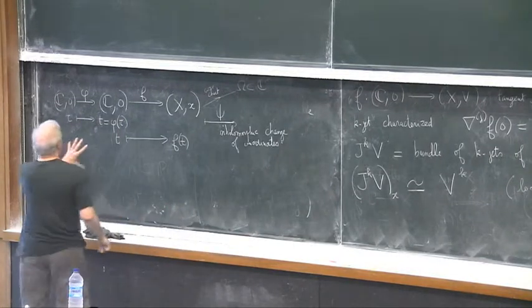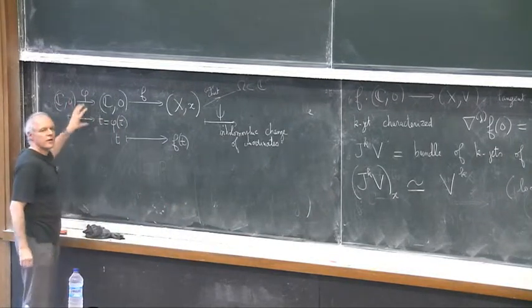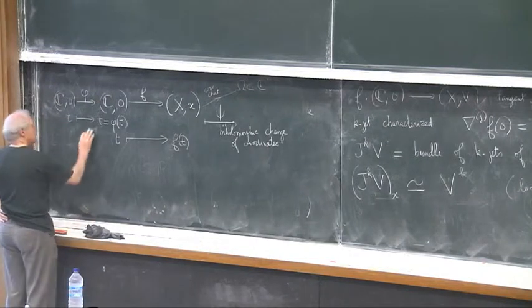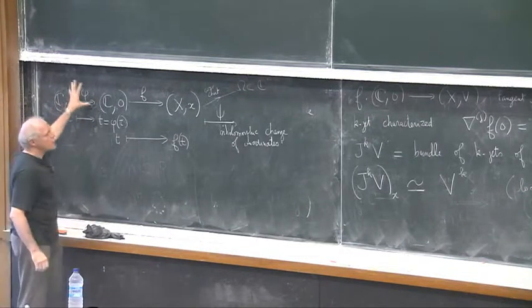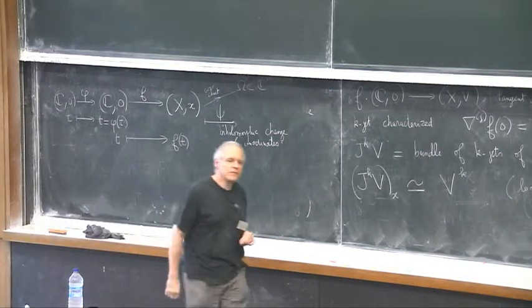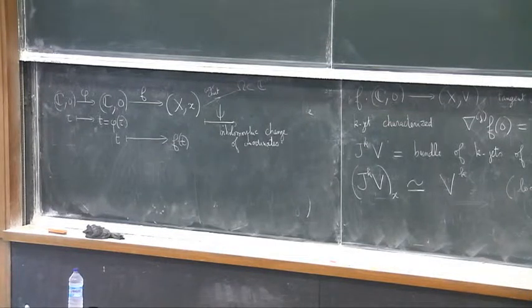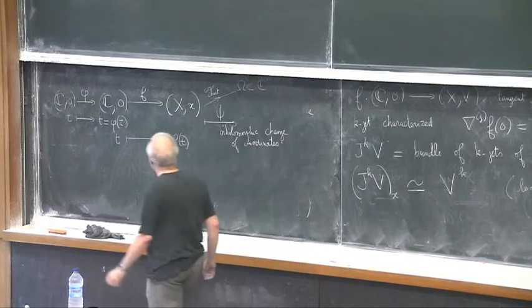But in any case, I'm more interested in the change of the parameter t here. So you have an action by a group, and the group which operates is the group of k-jets of biholomorphisms of C at the origin, which I will denote by Gk.